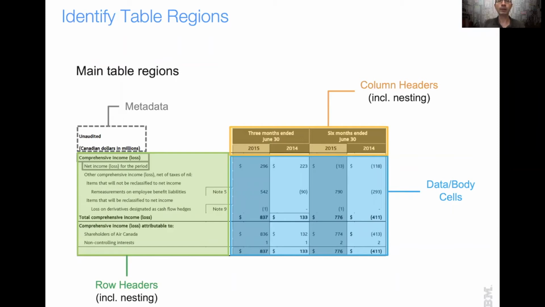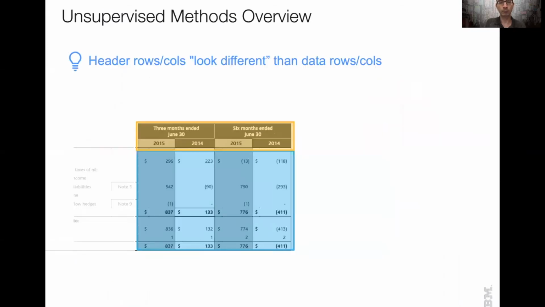In order to identify table regions, multiple different approaches have been proposed. We start with the simplest, which are unsupervised methods. The intuition behind them is that headers look different than data cells. For instance, if we look at this picture, we will see that there is different alignment between column headers and data cells.